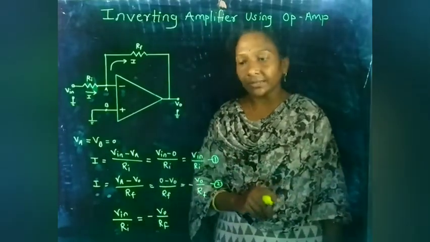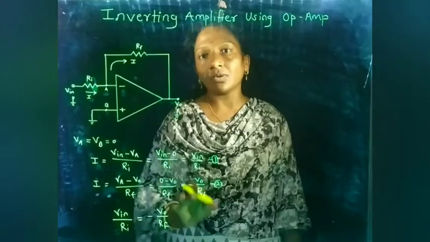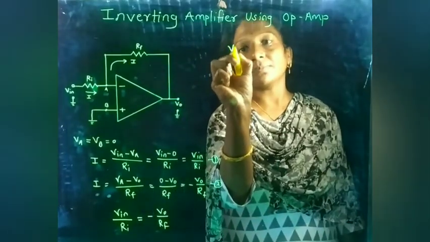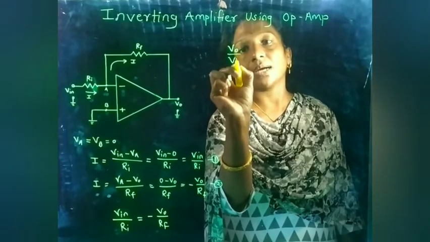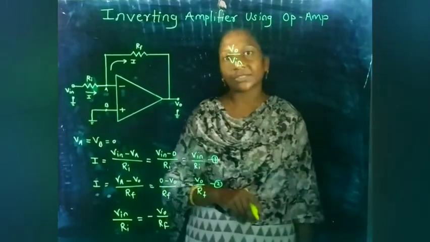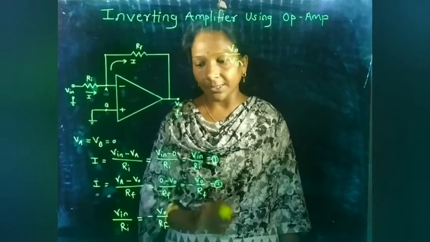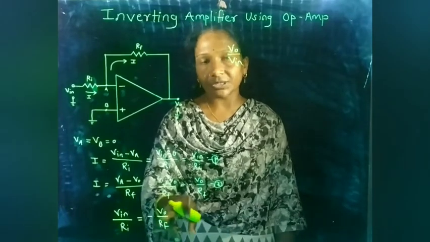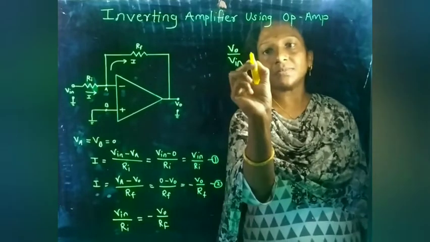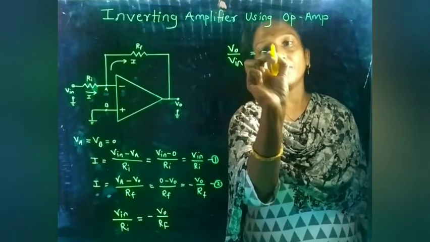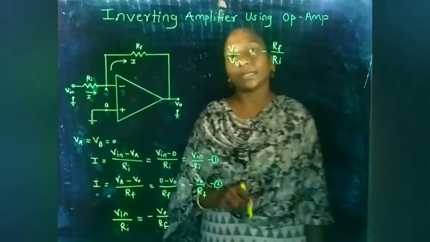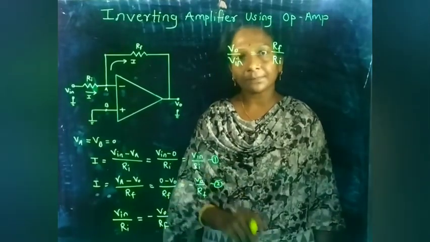Here we are interested in finding the closed loop voltage gain, that means V0 upon Vi. Rearranging this equation, V0 upon Vi becomes minus Rf upon Ri.